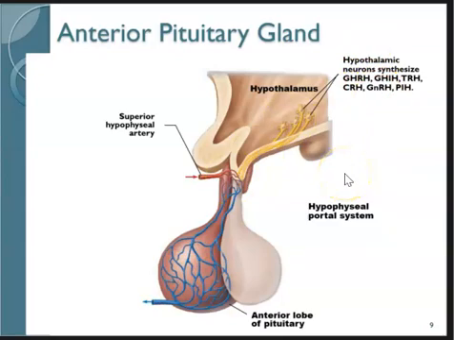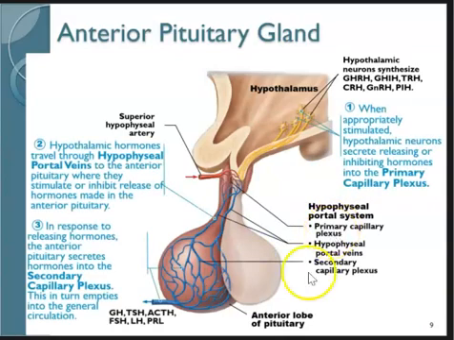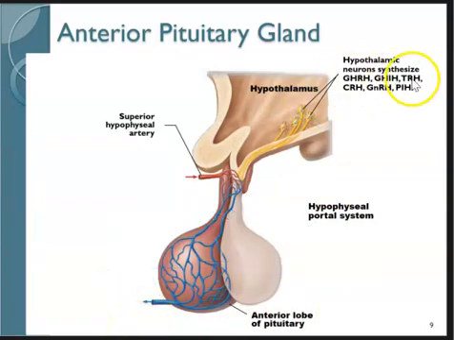GnRH is gonadotropic releasing hormone. This one causes the release of luteinizing hormone and follicular stimulating hormone. And then our last one is prolactin inhibitory hormone, PIH, which is produced during most of our life, except in lactating mothers.